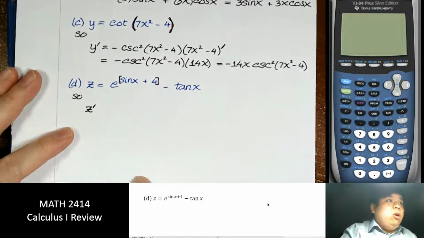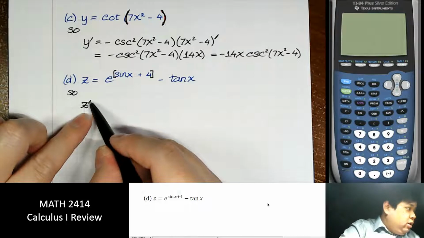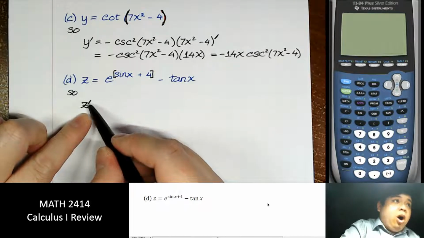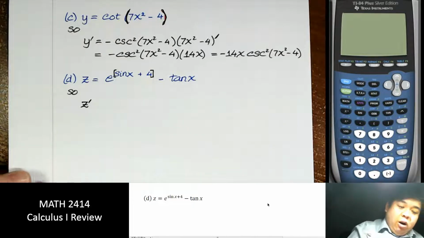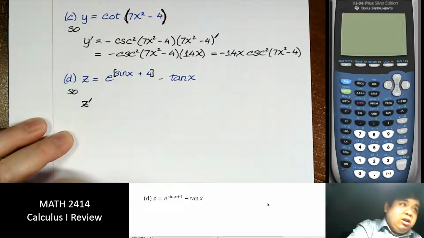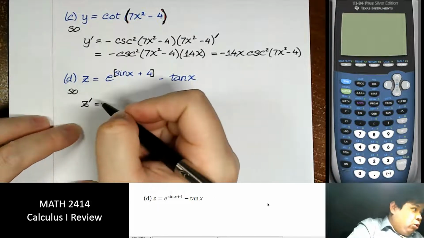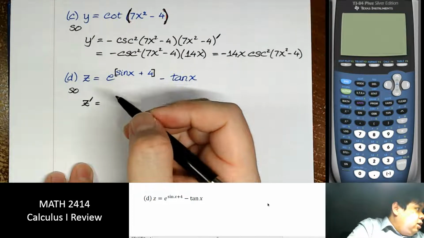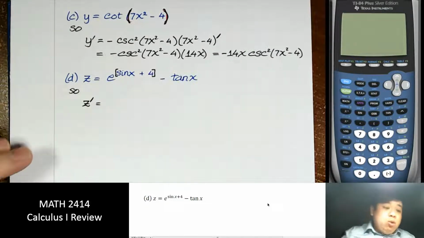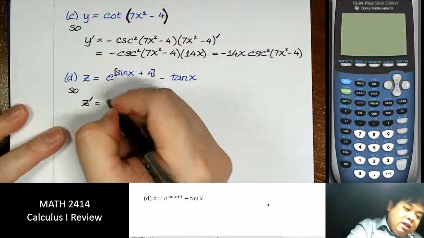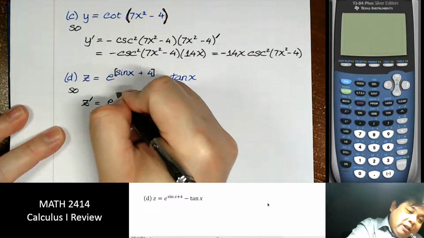Whenever possible, we use the derivative with the prime sign. We don't write dz over dx unless we have to, otherwise I prefer to just use the prime notation. So the derivative of the exponential function, the derivative of e to the x, is going to be the same thing.